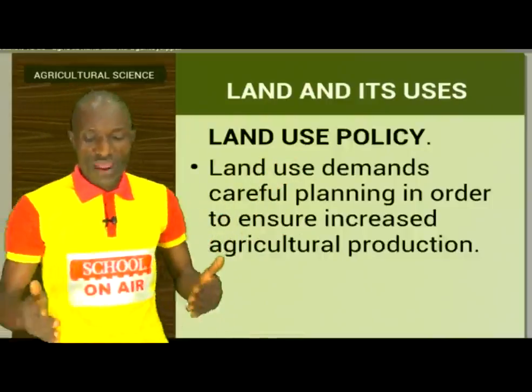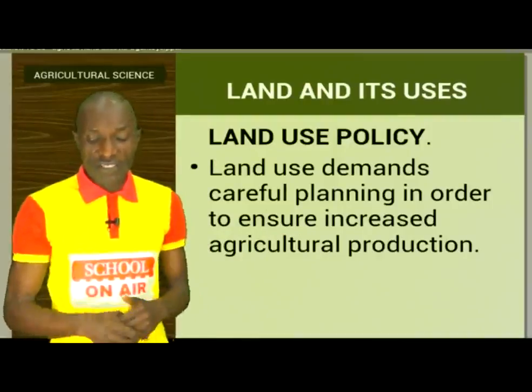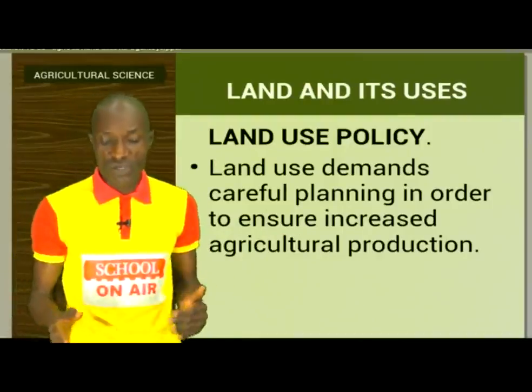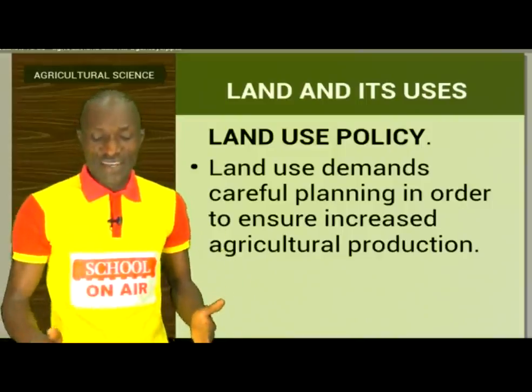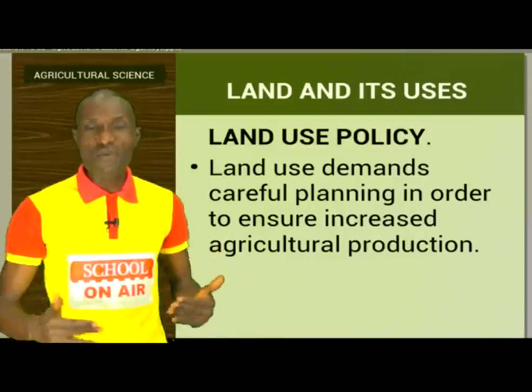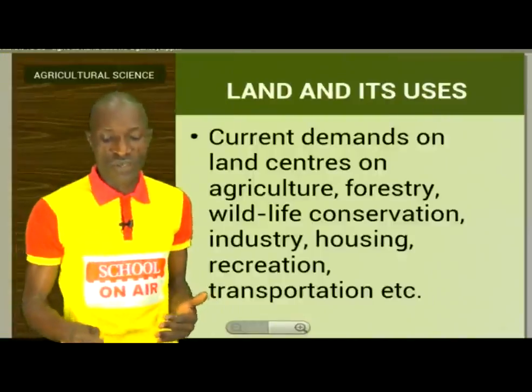Land use demands careful planning in order to ensure increased agricultural production. Before you can even make use of a particular land, there must be careful planning to ensure agricultural production.